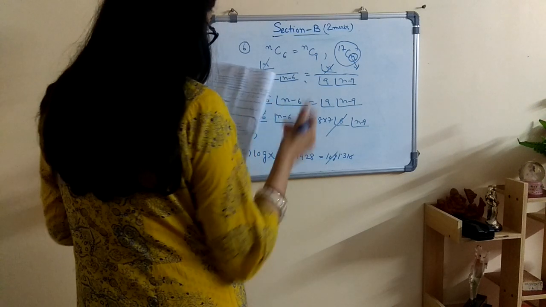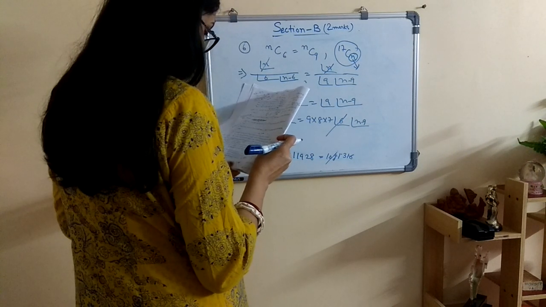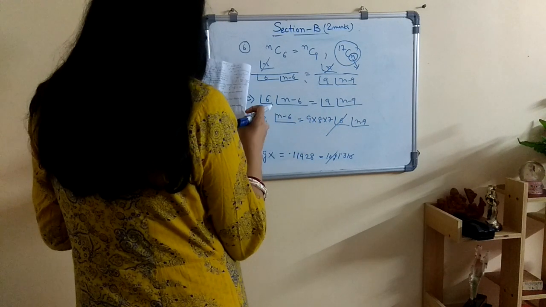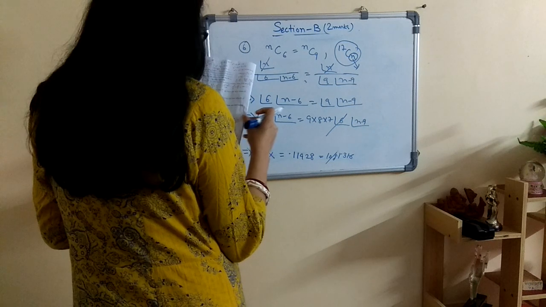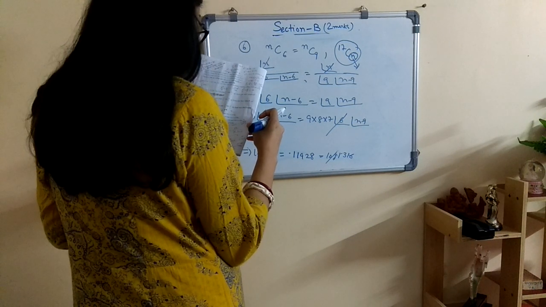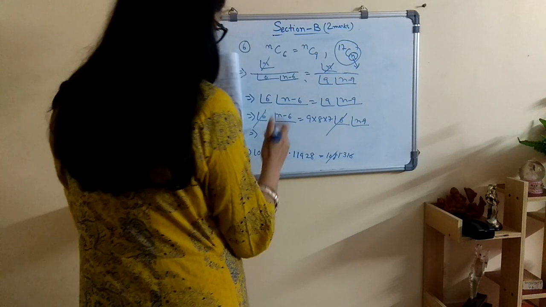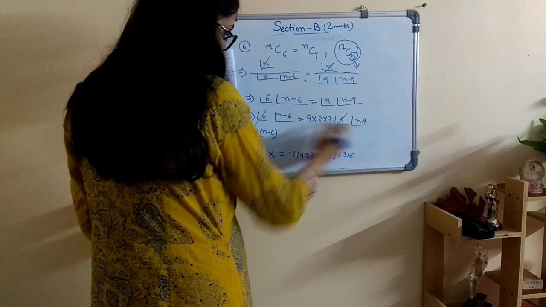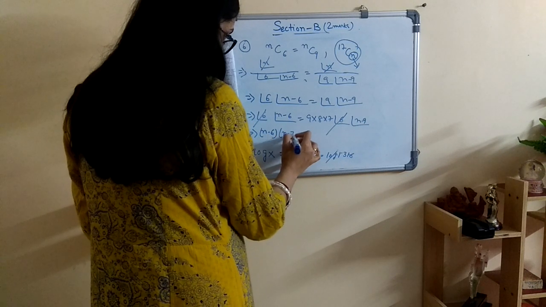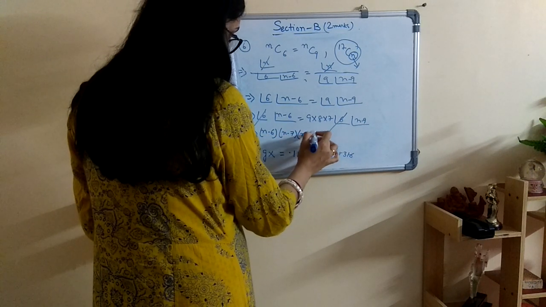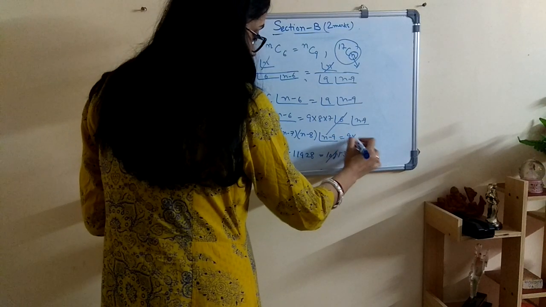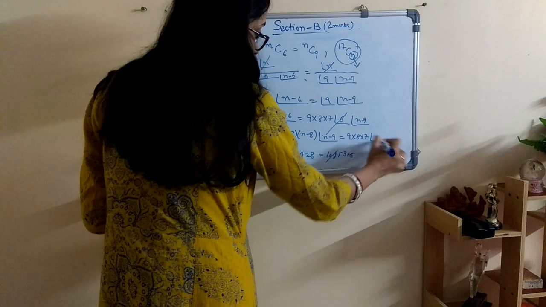And in a similar way, we can expand this factorial n minus 6 into various parts. So how to do that? It goes on decreasing: n minus 6, n minus 7, n minus 8 and factorial n minus 9. And on the right hand side it is 9 into 8 into 7 into factorial n minus 9.